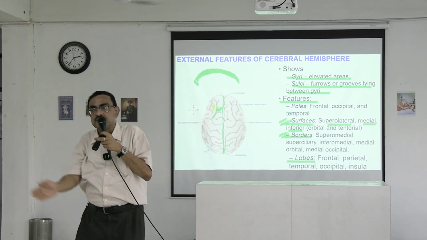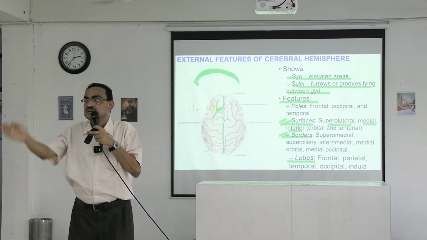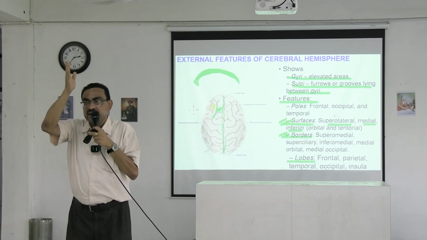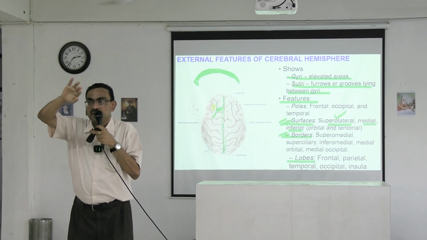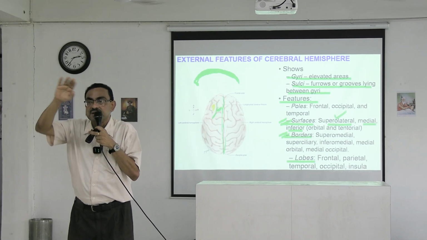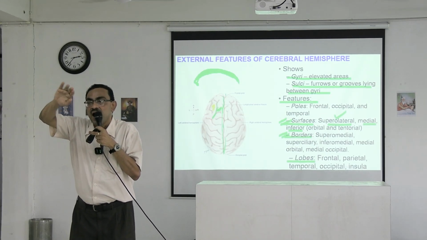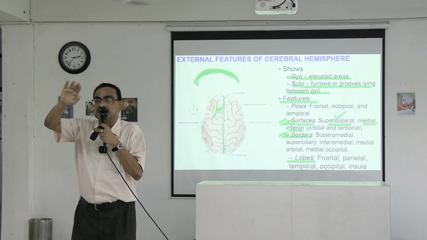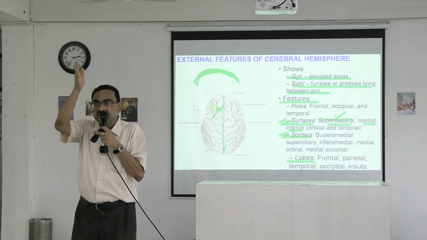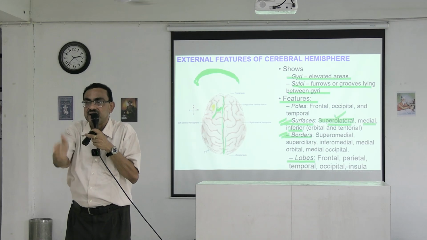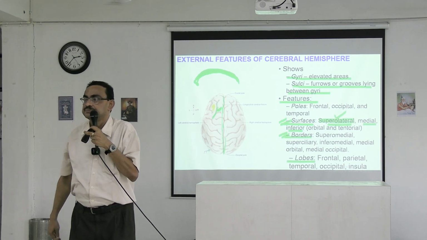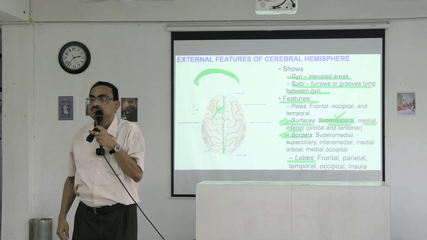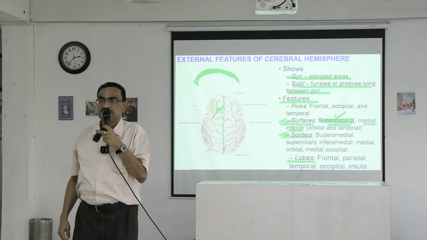So superomedial, inferomedial and inferolateral borders. Similarly, the outer surface is called the superolateral surface. Each cerebral hemisphere has an outer surface, which is called the superolateral surface. And medially we can find a flat surface, which is called the medial surface.